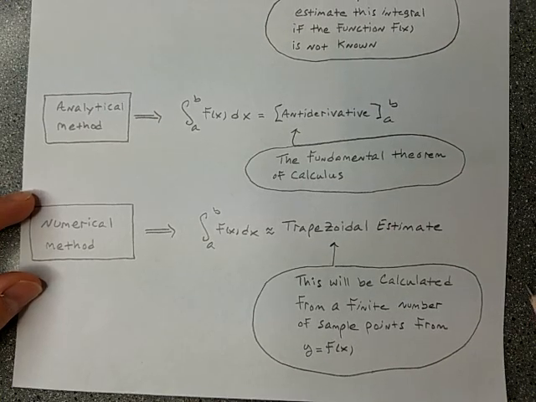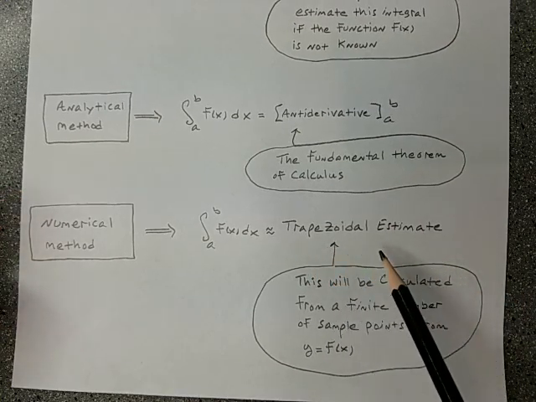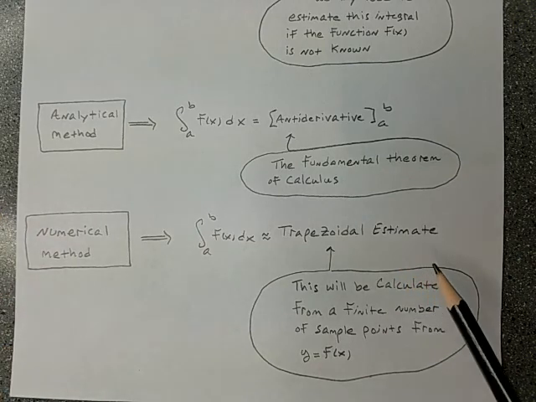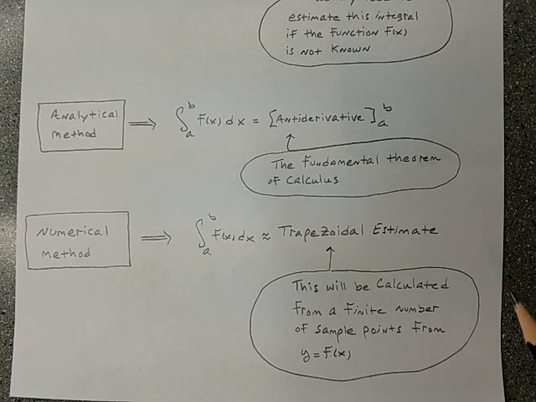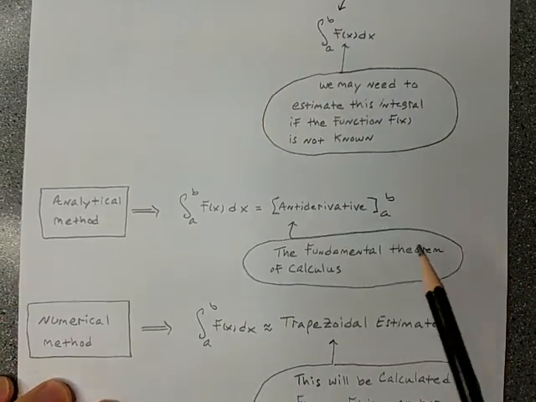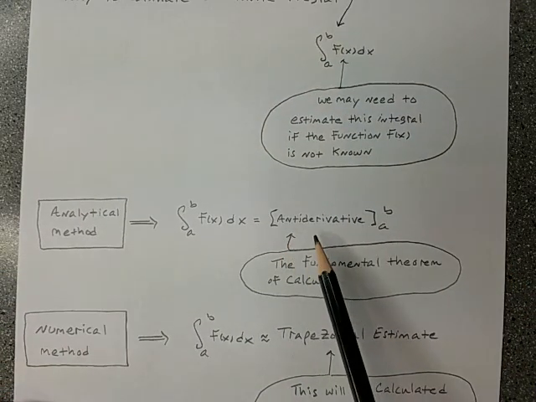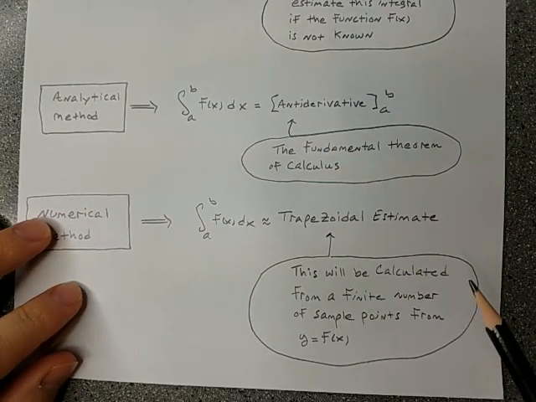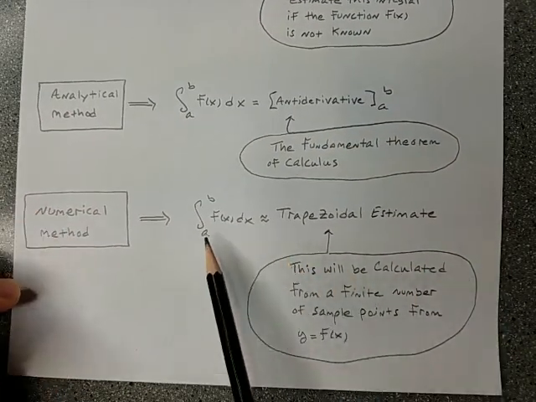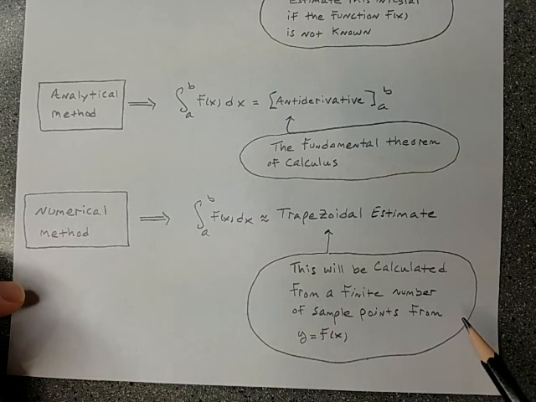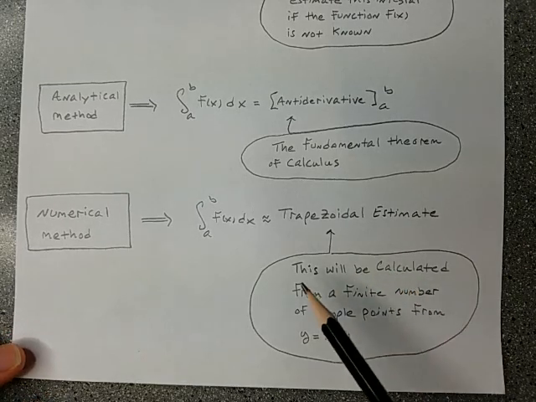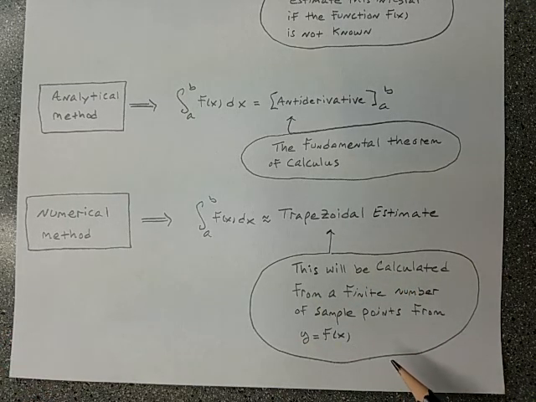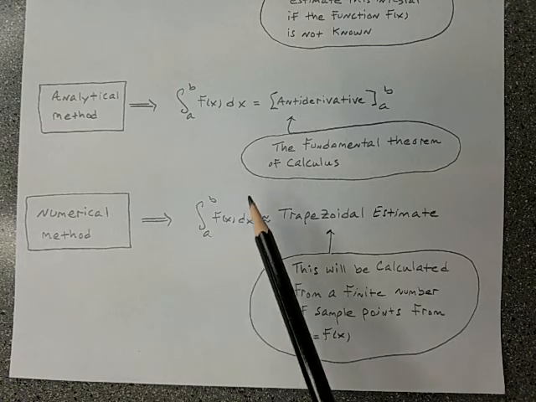The trapezoidal rule gives us an estimate that's considered a numerical method. Instead of using an antiderivative, which is a definite formula, we'll calculate an estimation based on a finite number of sample points or measurements. Maybe you could use information obtained from a laboratory to estimate that integral.